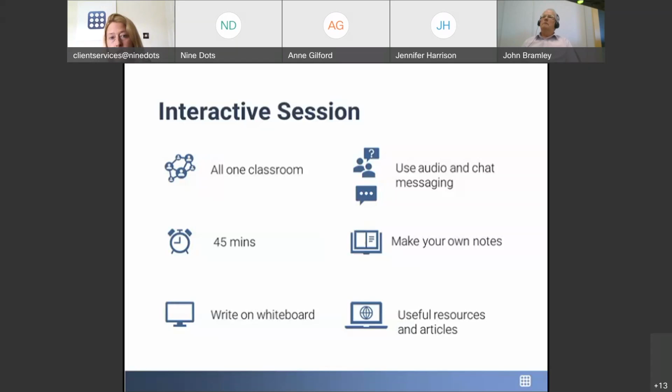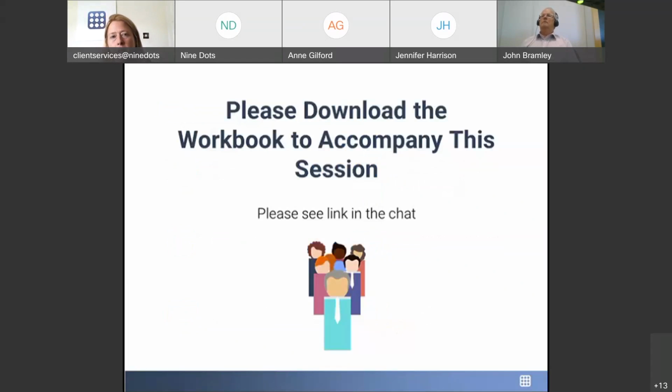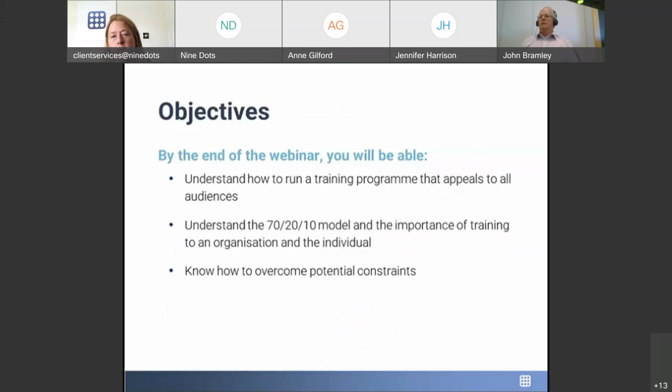You've got the chat box as well, which is like instant messaging, and you can make your own notes on your handout. We'll send you useful resources and articles. I've got a whiteboard, which is one of the good things about these kinds of WebExes. It's like having a flip chart in the room. Sessions like this usually take about 45 minutes to an hour. You've got that handout there, so download it as we go.